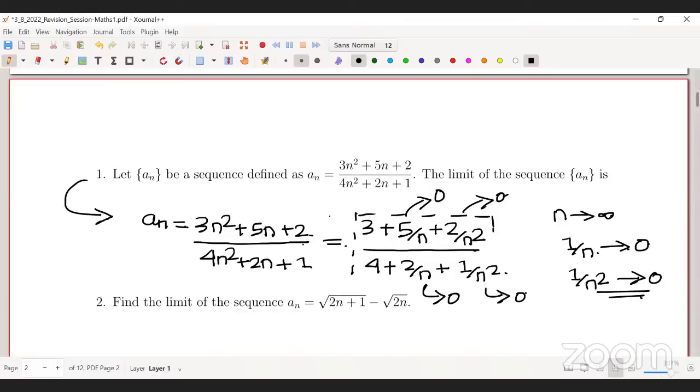So basically you are left with 3 by 4. That means this is a convergent sequence, and the limit of this sequence is 3 by 4.